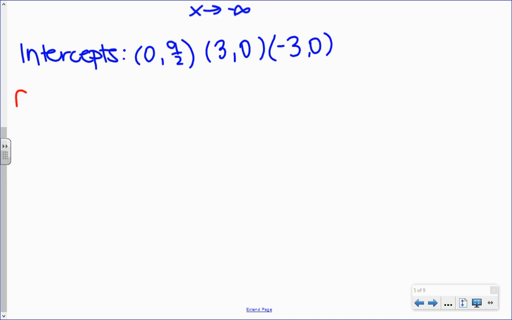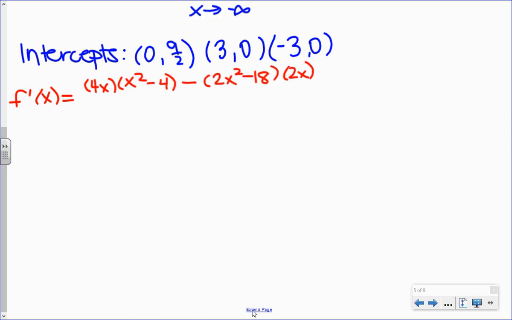So our first derivative: we have the derivative of the numerator times our denominator, minus our numerator times the derivative of our denominator, all over the denominator squared.